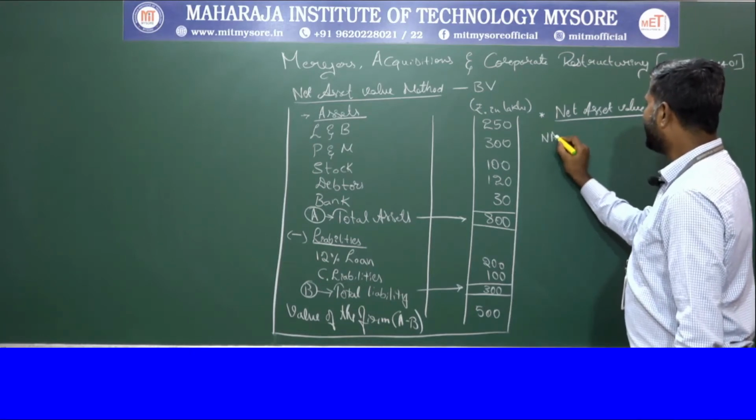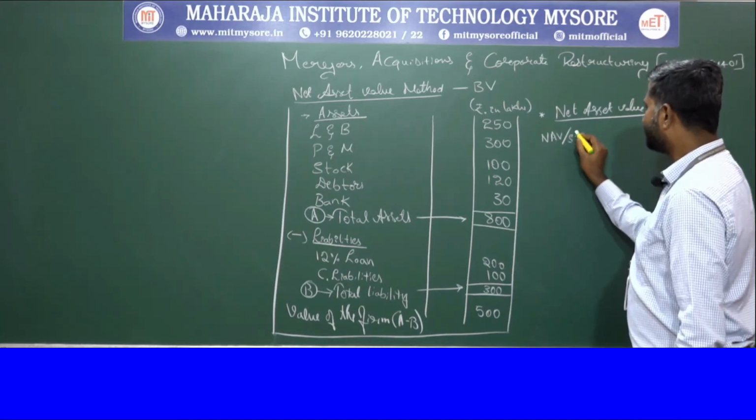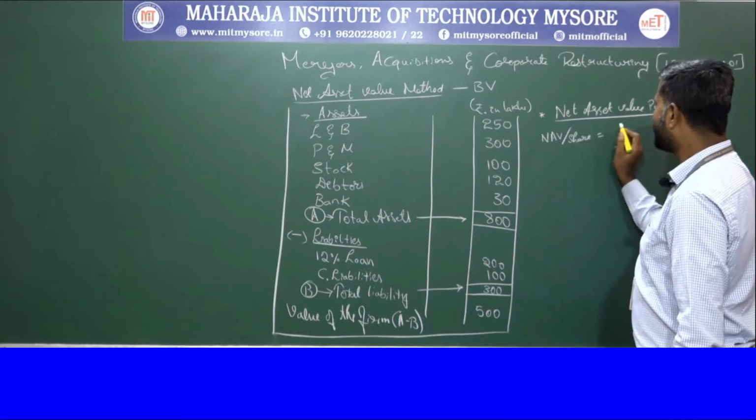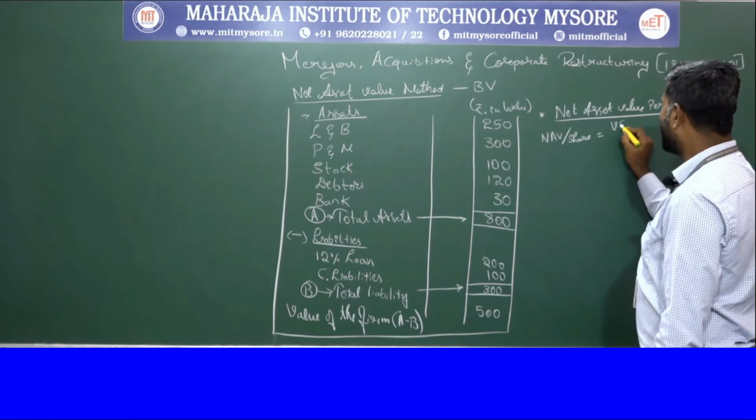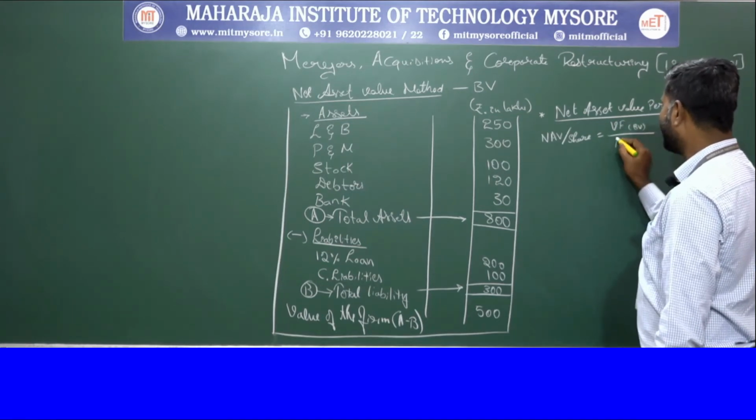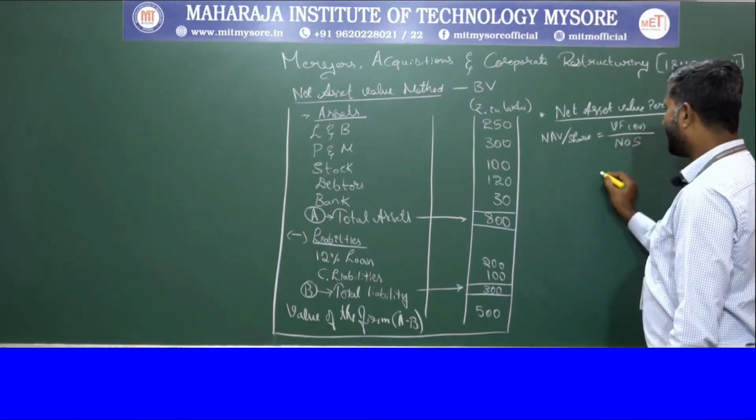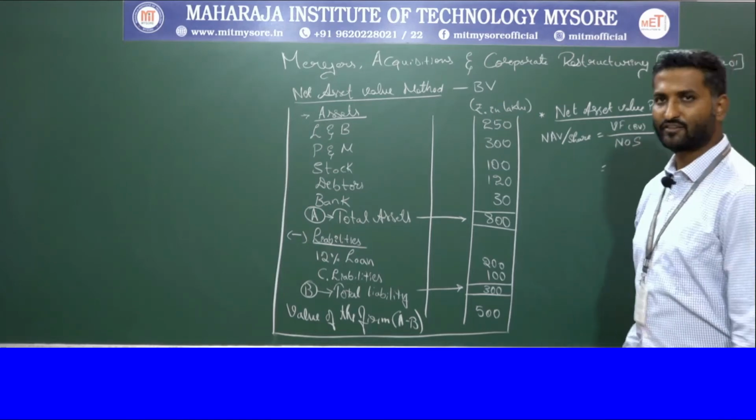So NAV per share equals the value of the firm under book value divided by the number of outstanding shares.